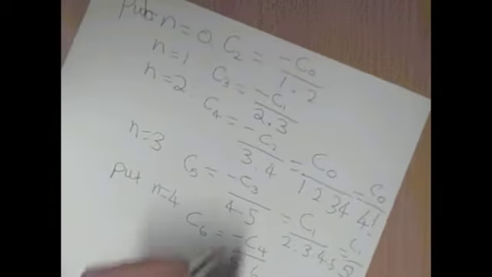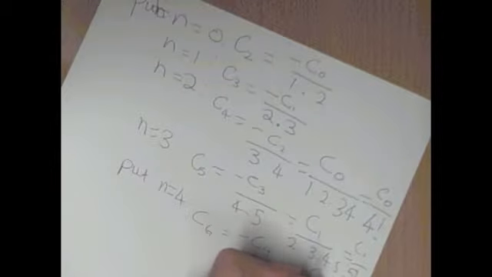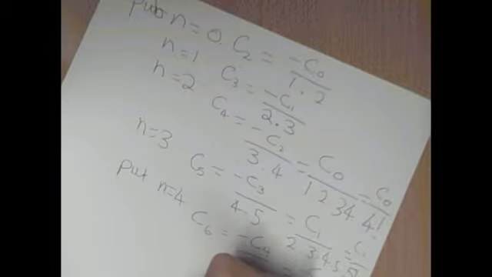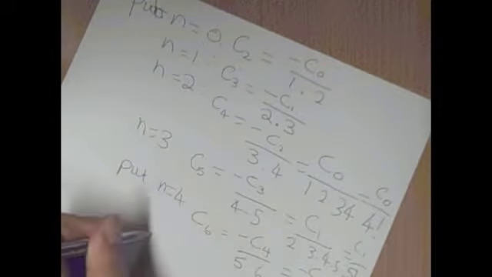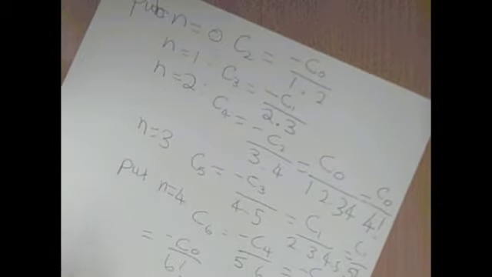Putting n equal to 4, we get c6 is equal to minus c4 over 5 times 6, and that's equal to minus c0 over 4 factorial times 5 times 6, which is equal to minus c0 over 6 factorial.